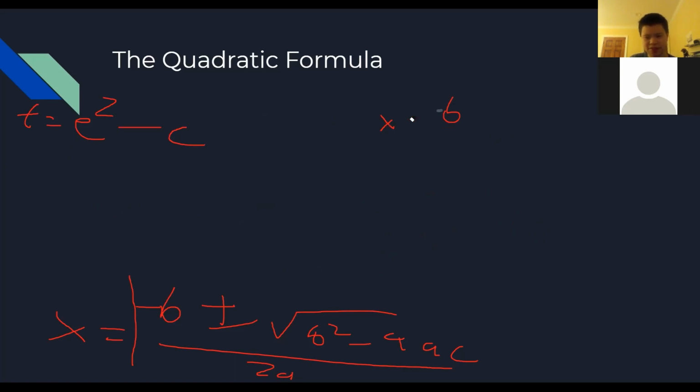This formula is convenient because it's done for you already. You can just plug in everything. If you have a, b, and c, you can just plug them in and directly get your answers. You don't have to factor, you don't have to complete the square.